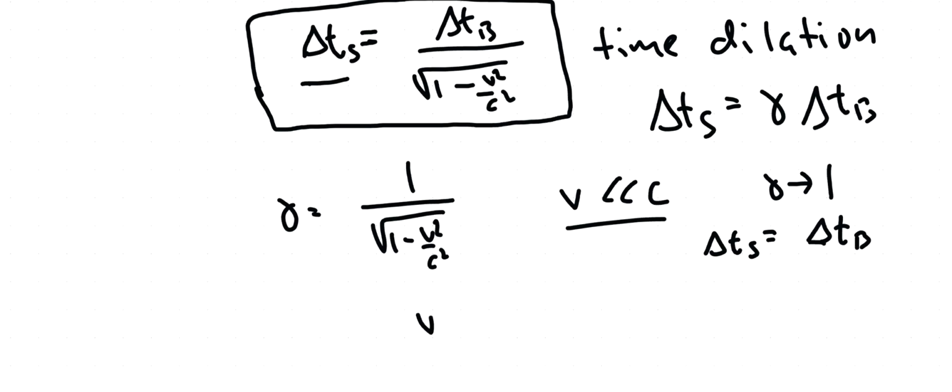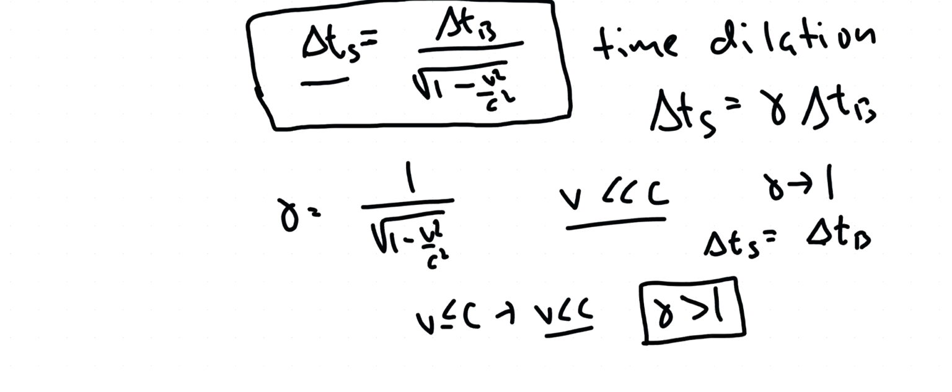On the other hand, there's something else that we can see here: for massive objects, V is smaller than C, which means that V over C is smaller than 1. So 1 minus a number smaller than 1 is going to make the square root smaller than 1, which means that gamma is actually going to be greater than 1.